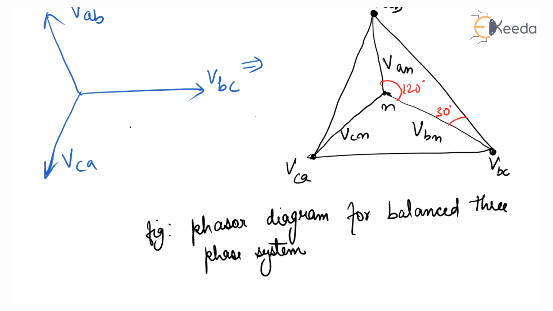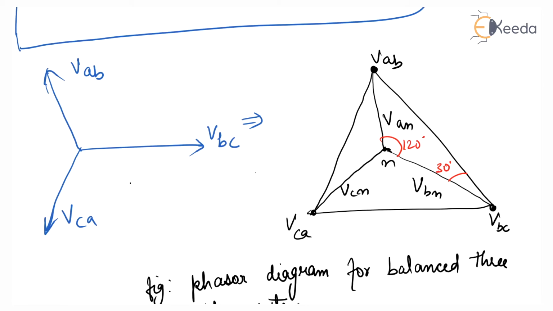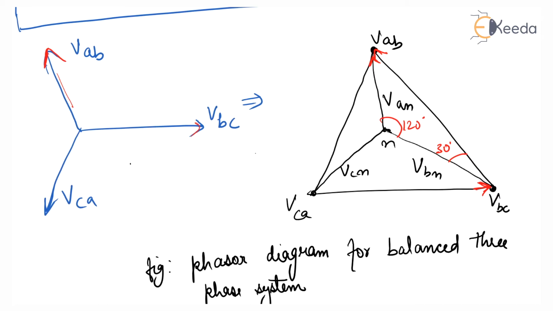Now from the figure we can write, see, VAB direction is this. This is VAB. And VAN is this. And this is VBC. And VBN direction is this.